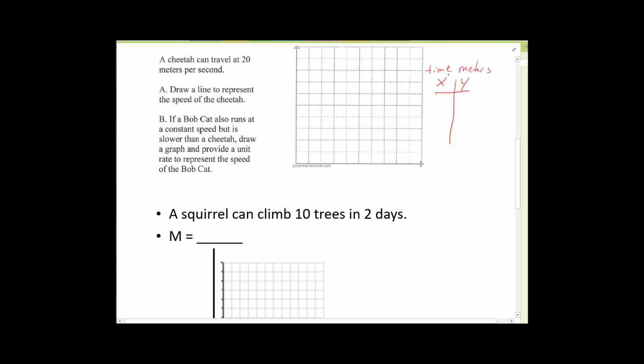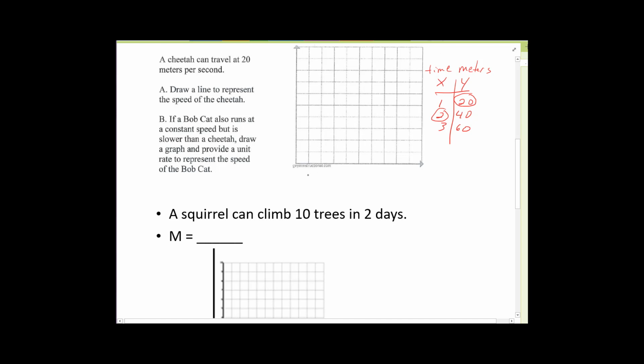So in 1 second, he goes 20 meters. In 2 seconds, he goes 40, because I take 2 times the unit. In 3, he goes 60, because I did 3 times 20, and so on and so forth. It'll keep going at a constant speed.